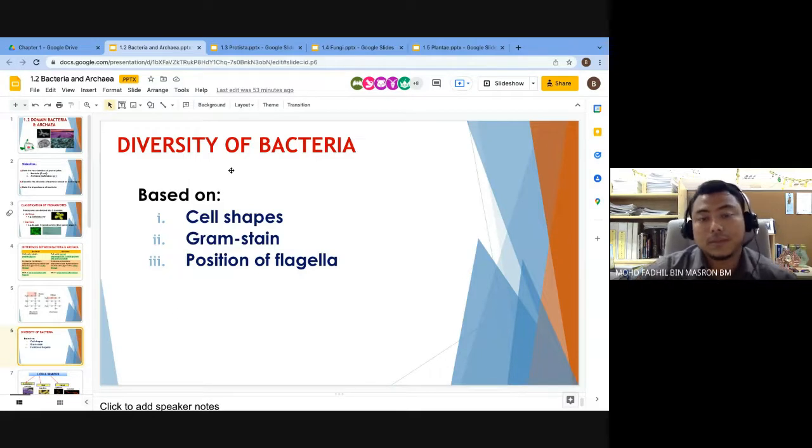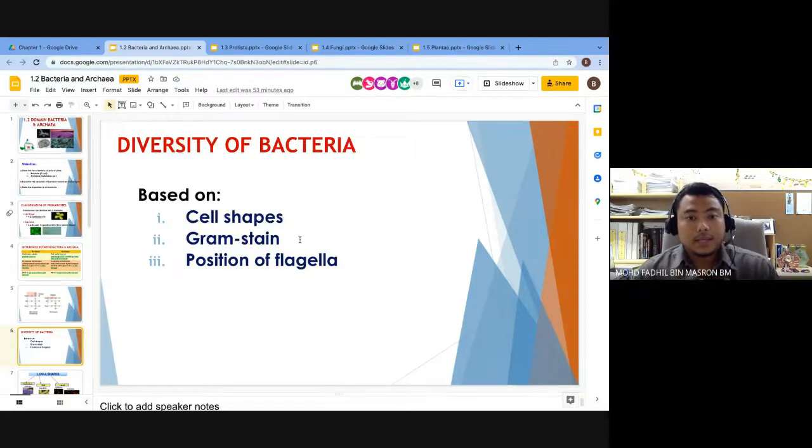So in terms of the diversity of bacteria, they are diverse based on their shape, based on their gram staining, and based on the position of flagella. Shape ni kita akan tengok sekejap lagi. Gram staining ni is what you will study during your lab, for experiment 1.